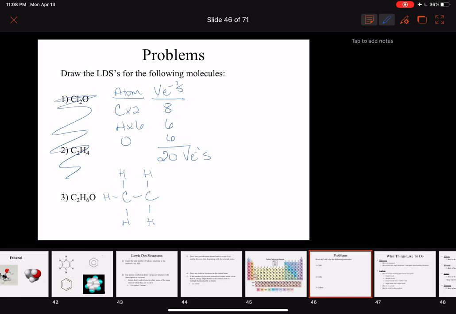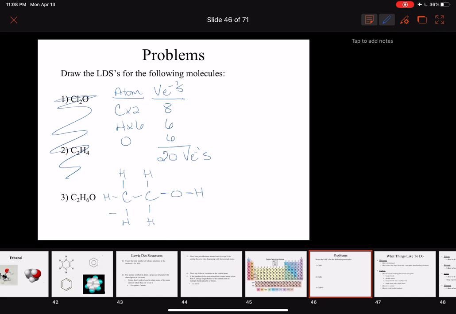So we go ahead and we just erase one of these on the end and try something else. So we go ahead and we put oxygen right there, but then we go, oh, well, I still got to put one of the hydrogens somewhere. So let me try putting it over here. And then we got to say, well, okay, how many valence electrons have I used up so far? Because I've only got 20 of them.